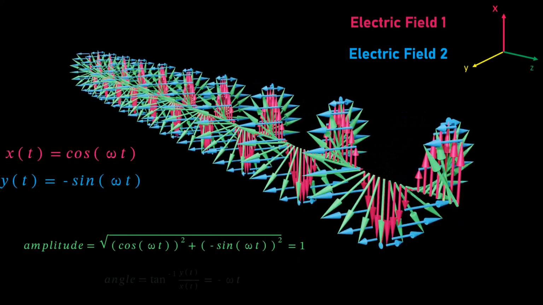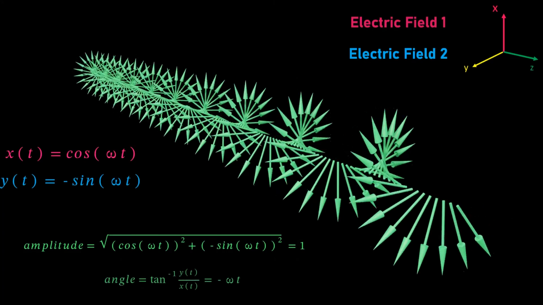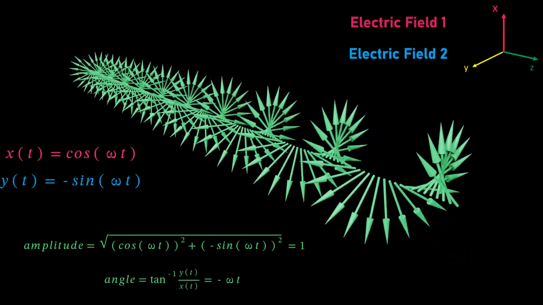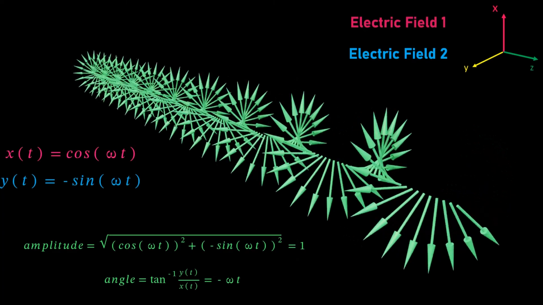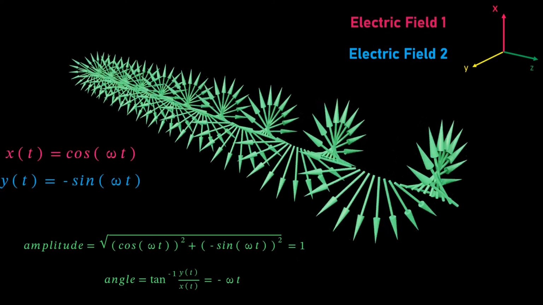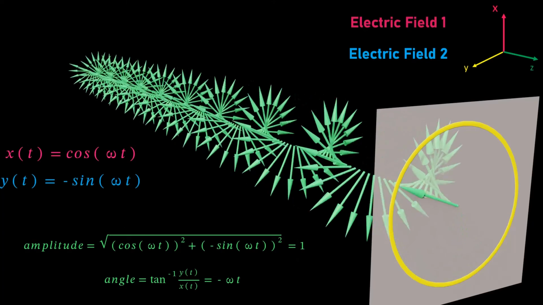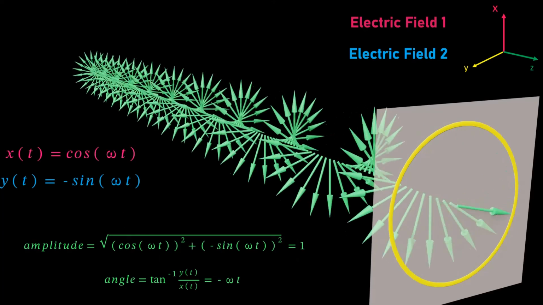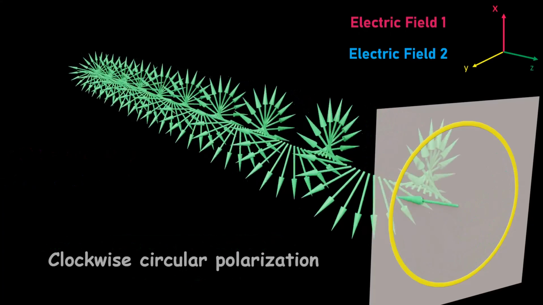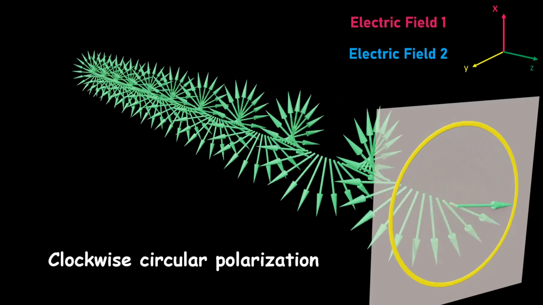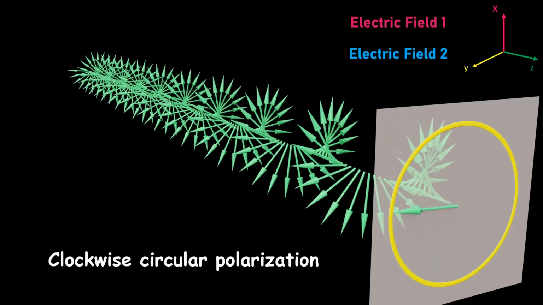The resultant angle is tan inverse the y component over the x component, which is negative omega t, which is continuously decreasing with time. So, it rotates clockwise. It draws a circle in a plane perpendicular to the direction of propagation. This polarization is called clockwise circular polarization.